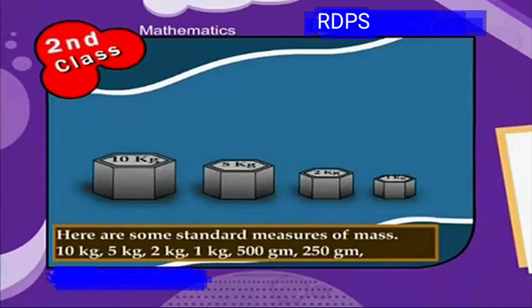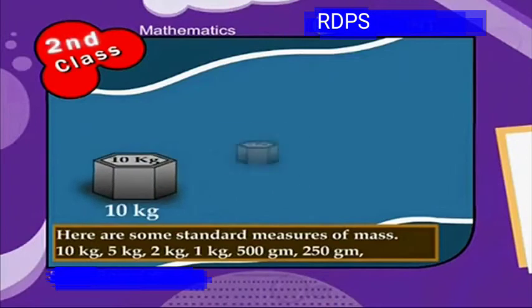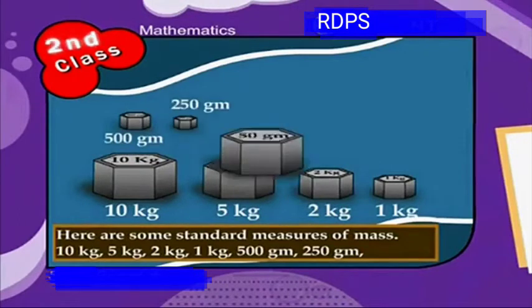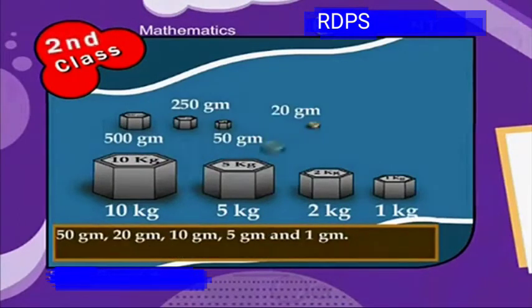Here are some standard measures of mass: 10 kg, 5 kg, 2 kg, 1 kg, 500 gram and 250 gram, 50 gram, 20 gram, 10 gram, 5 gram and 1 gram.